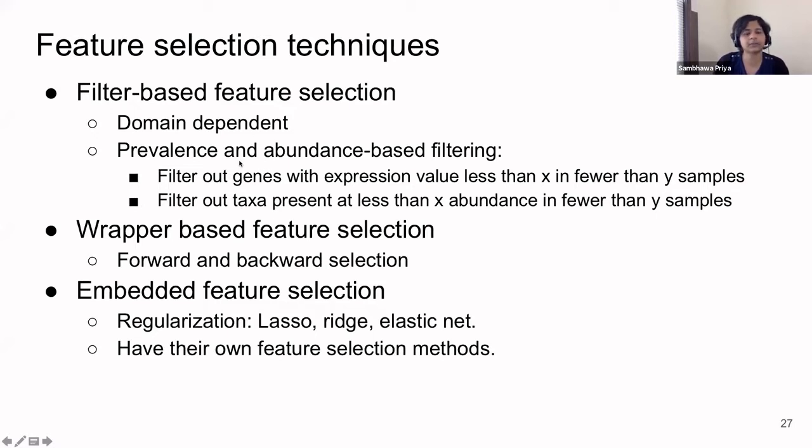There's also forward and backward selection. I'm not going to get into details of this. You can look it up, and maybe we can provide some additional information after the workshop. And then there are embedded feature selections, as I mentioned, where some machine learning algorithms have inbuilt regularization or feature selection methods like lasso, ridge, and so on.